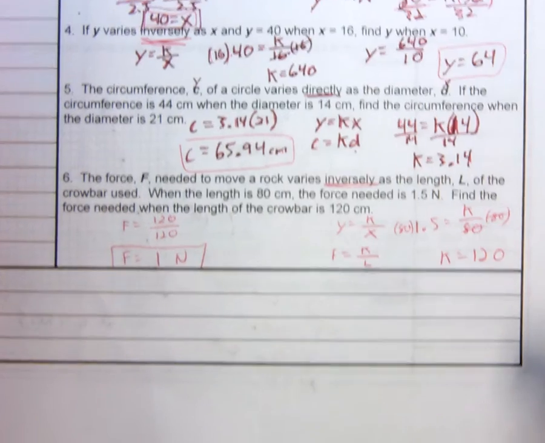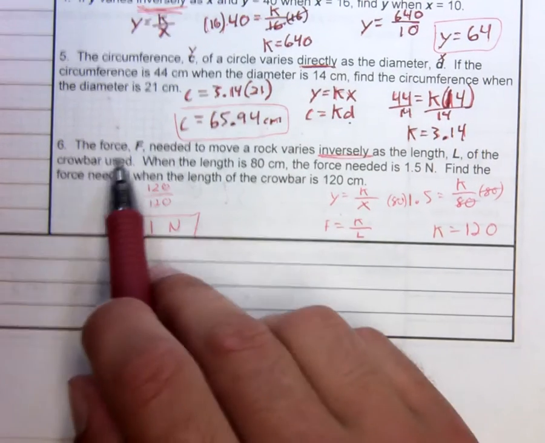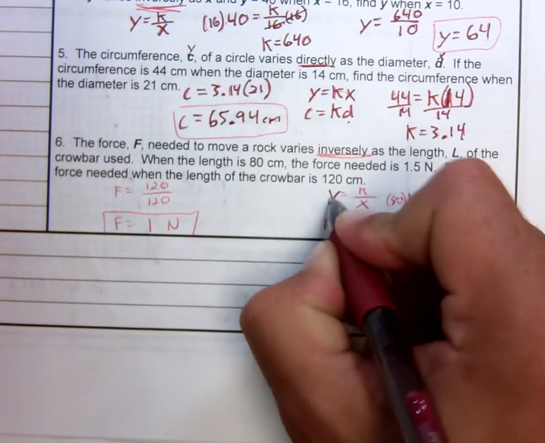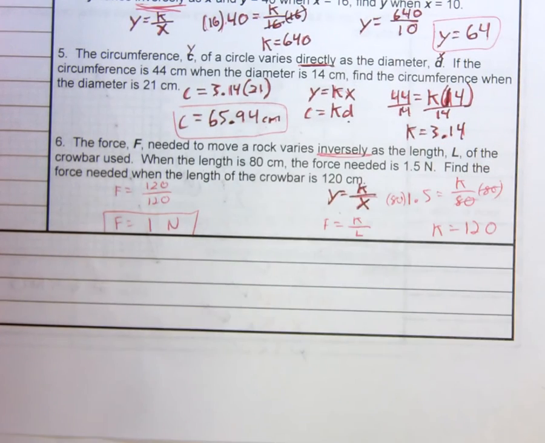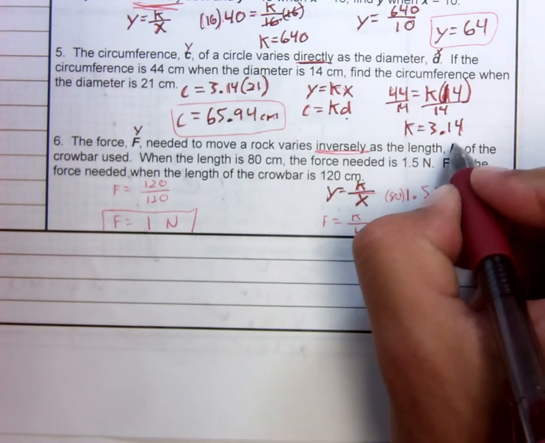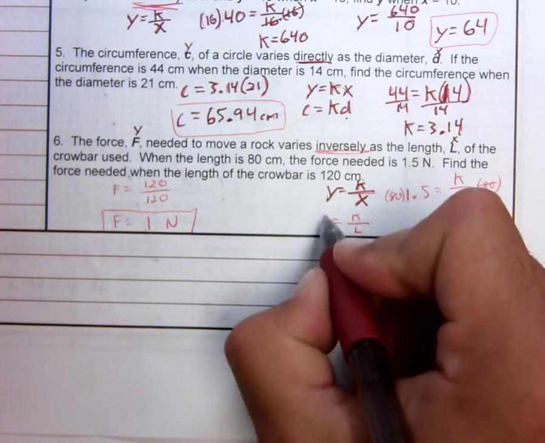And the last problem on here for this set of notes, it's the same type deal. The force needed to move a rock varies inversely as the length. So first thing I'm going to write down is y equals k divided by x. So again, y varies as x. So F is y, L is x.